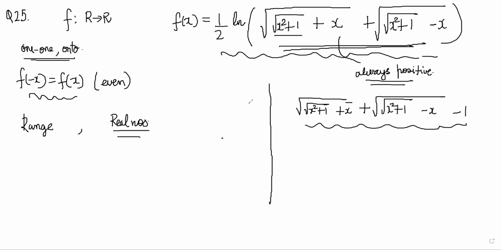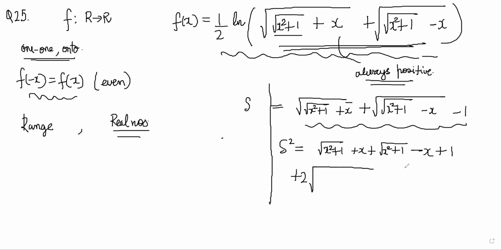For this, let's say this is equal to s, and let's square it. s square becomes root of x square plus 1 plus x plus root of x square plus 1 minus x, plus 1 plus 2 times root of this into this. That will be x square plus 1 minus x square, minus 2 times root of this one with this and minus 2 times root of this one with this, right?